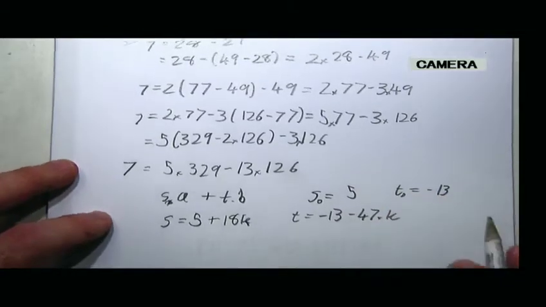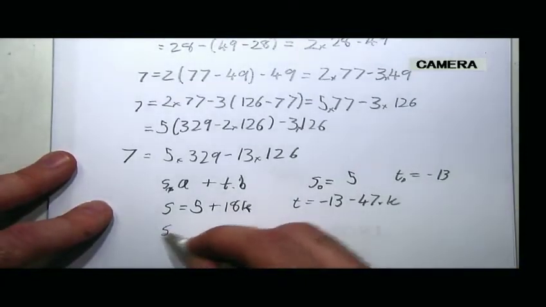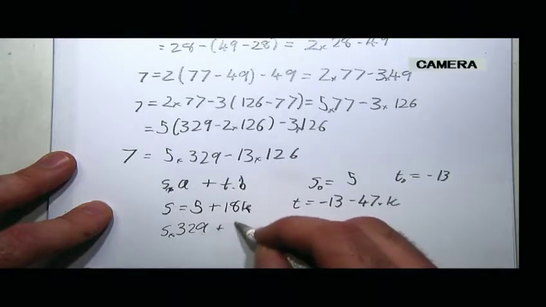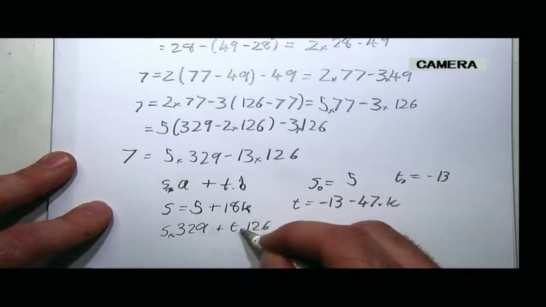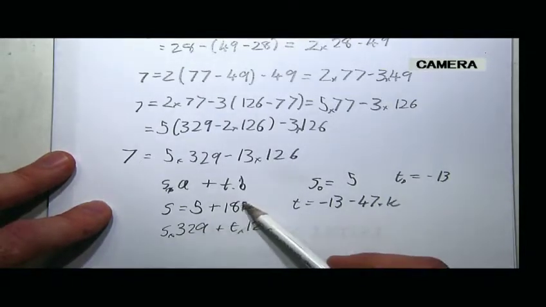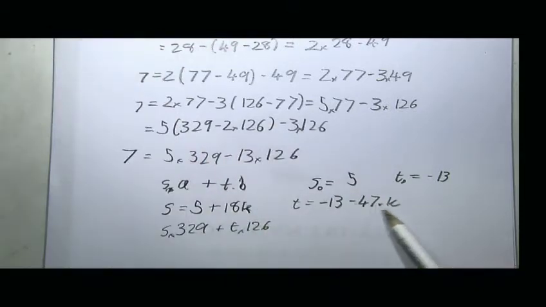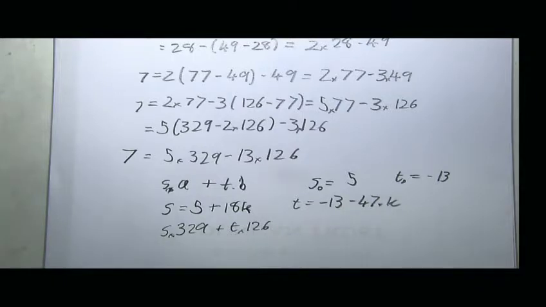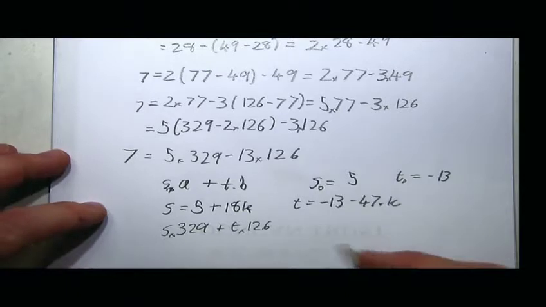When you expand this out, S times 329 plus T times 126, what's going to happen? 329 times this is going to get me a multiple of 126, and that will be the same multiple I get when I do 47 times the 126. And so they will cancel each other out. Maybe we should write it out to see what proves my point.